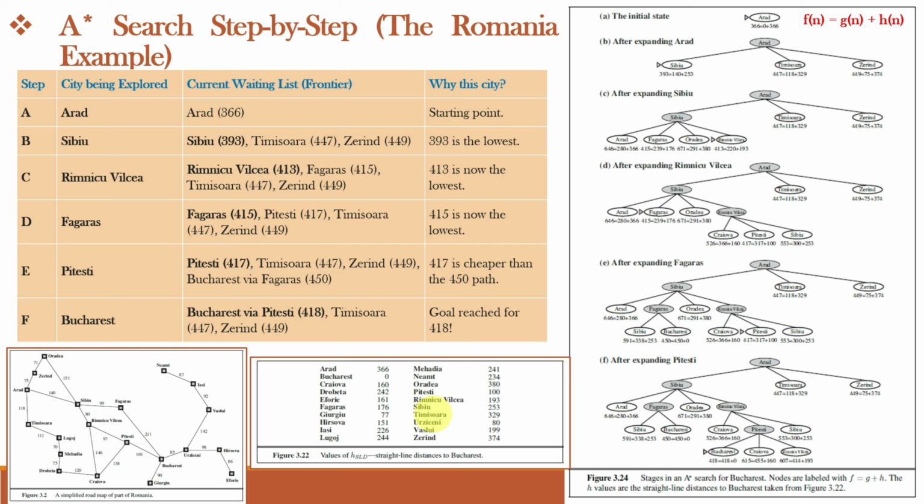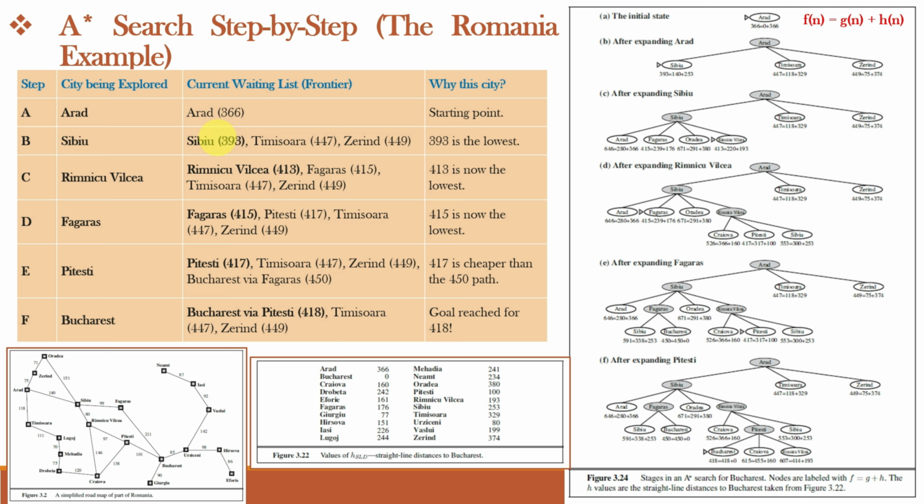From Sibiu we can see the distance to Bucharest is 253 kilometers. So 140 plus 253 is equal to 393 kilometers. Similarly, Timisoara is 118 plus 329, which is equal to 447 kilometers. And Zerind is 75 plus 374, which is equal to 449 kilometers.